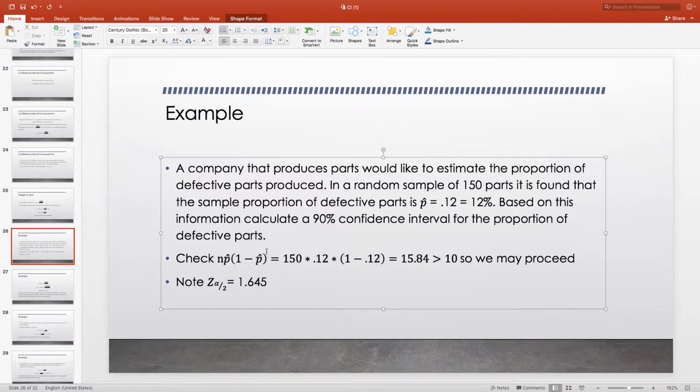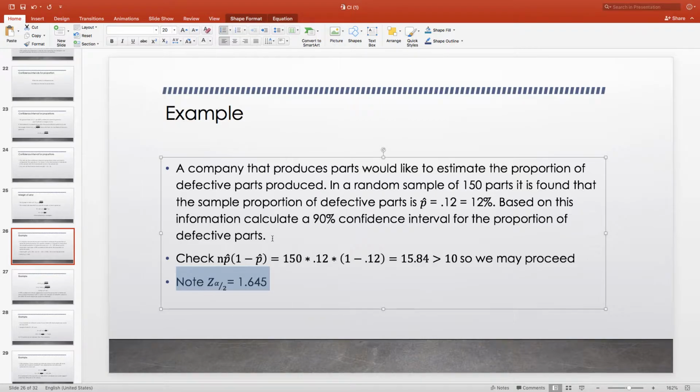The other thing is we want a 90% confidence interval, so 1 minus alpha needs to be 90%, so alpha is 10%, and alpha over 2 is 5%. You can calculate this from the standard normal table, or you can use an online calculator.